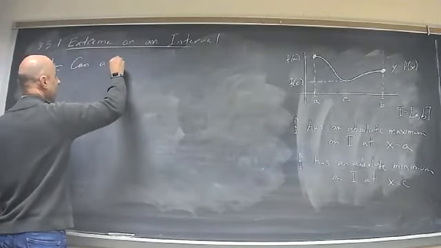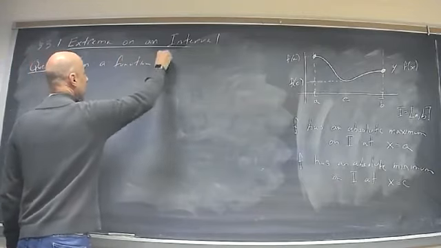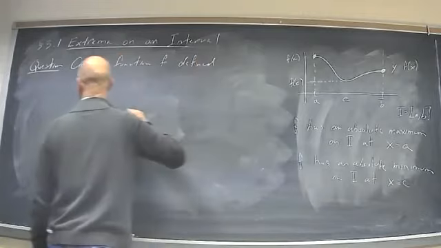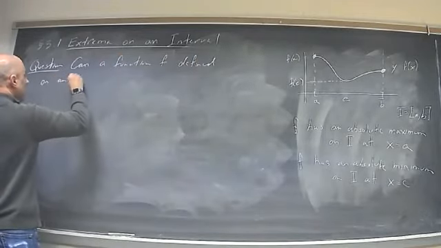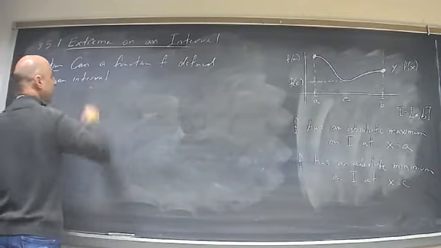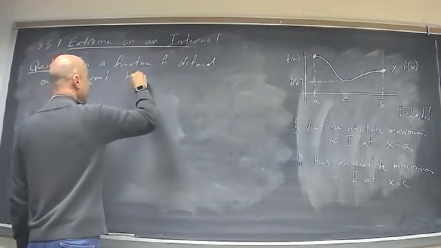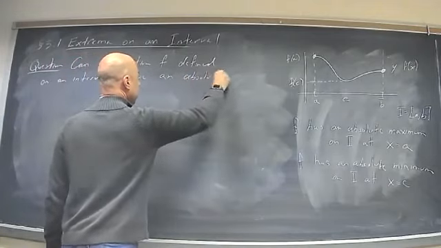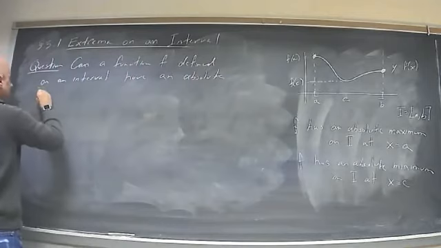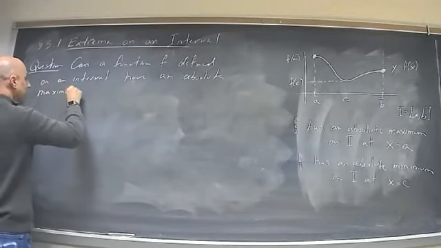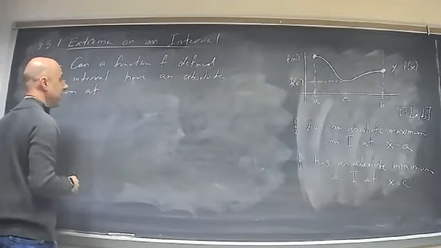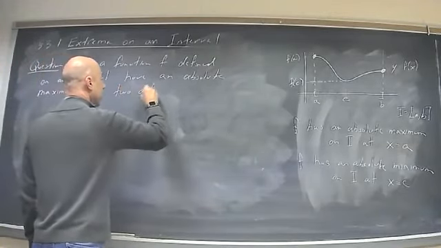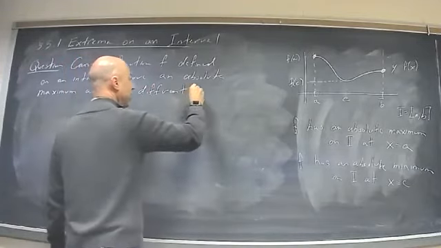Can a function f defined on an interval have an absolute maximum at 2 different x values?